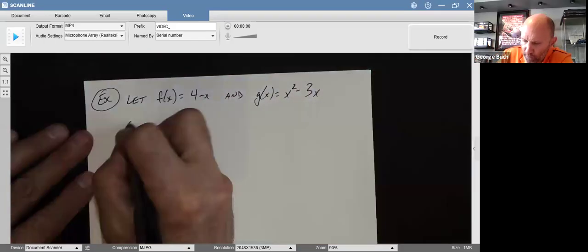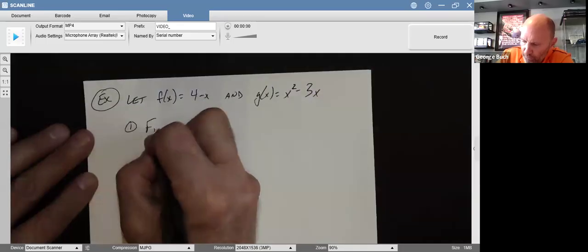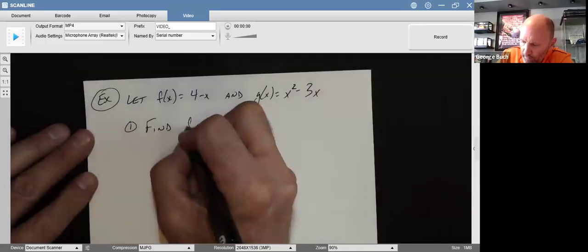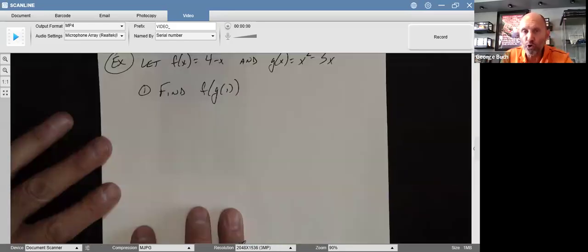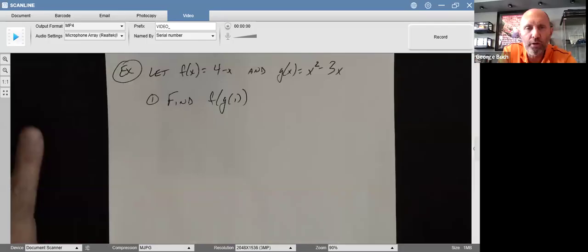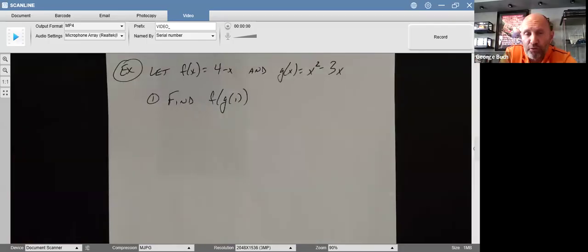First one, we want to find f of g of 1. Now, I could, and I stress could, find the composite function. I could take g, plug it into f, simplify, and then plug in 1. But instead, it's easier to do this in two steps.